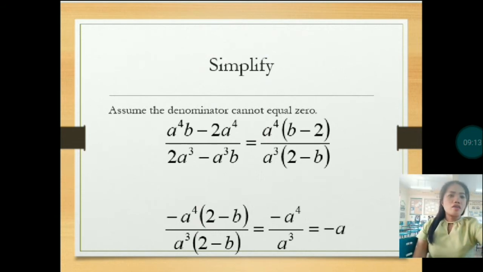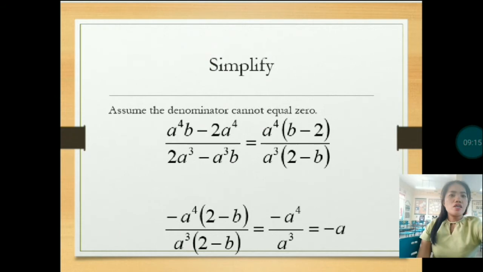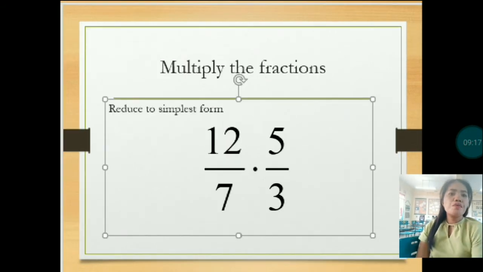Okay, let's proceed to the next. So we're still on simplifying. Now this time, what about if we are multiplying fractions? Let's deal with numbers first, like we do the simplest form.